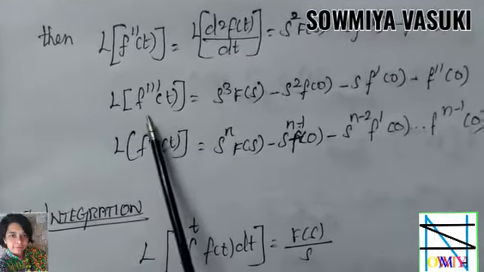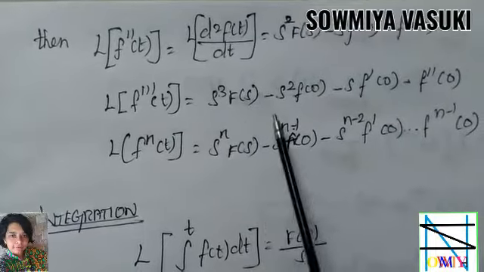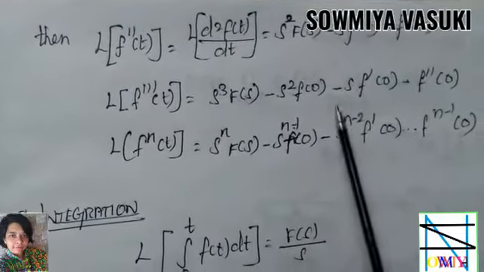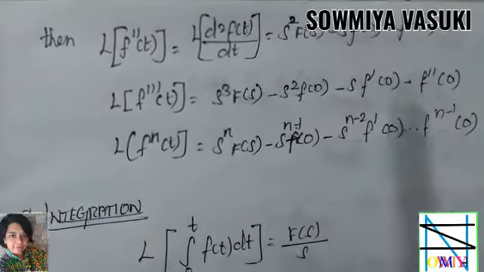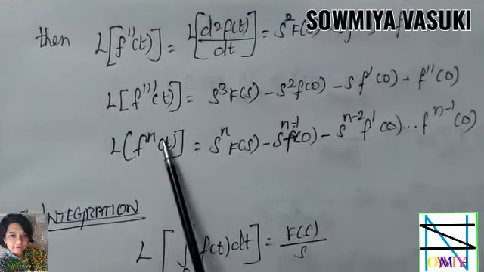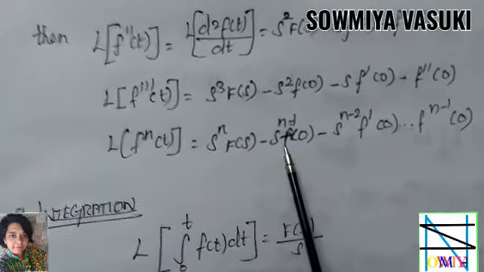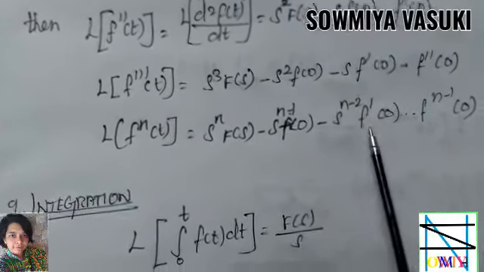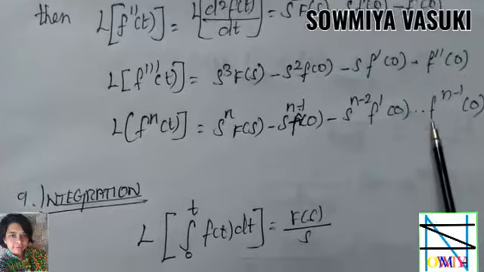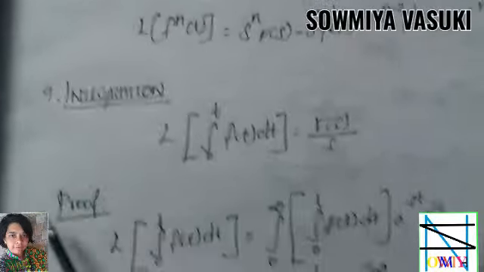L of f'''(t) is equal to s³ F(s) minus s² f(0) minus s f'(0) minus f''(0). L of f^(n)(t) is equal to s^n F(s) minus s^(n-1) f(0) minus s^(n-2) f'(0) minus ... minus f^(n-1)(0).